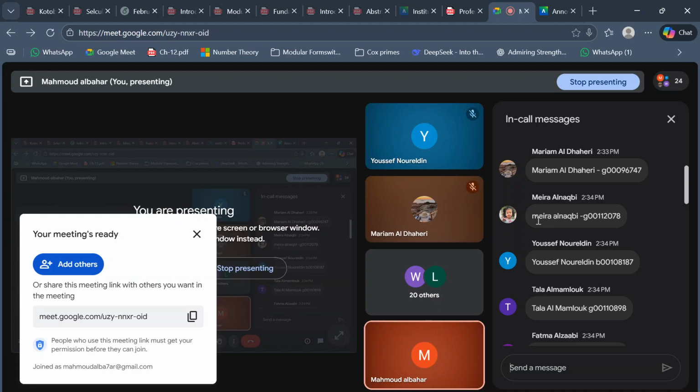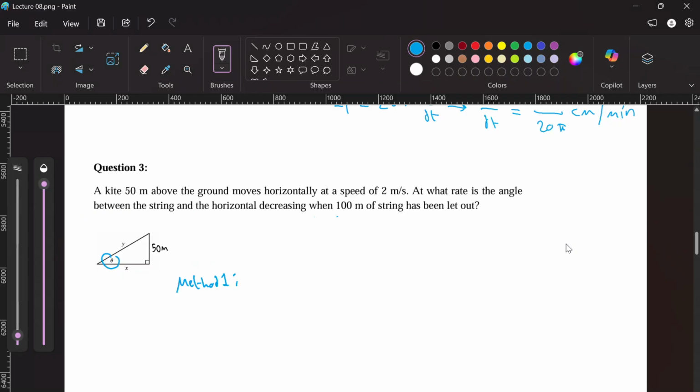Mira? Yes, let's see question 3 now. We have a kite 50 meters above the ground moves horizontally at a speed of 2 meters per second. At what rate is the angle between the string and the horizontal decreasing when 100 meters of string has been let out? So let me show you. We have the kite here, somewhere here, flying horizontally, okay?